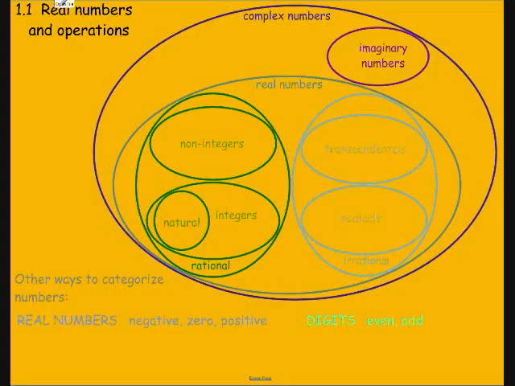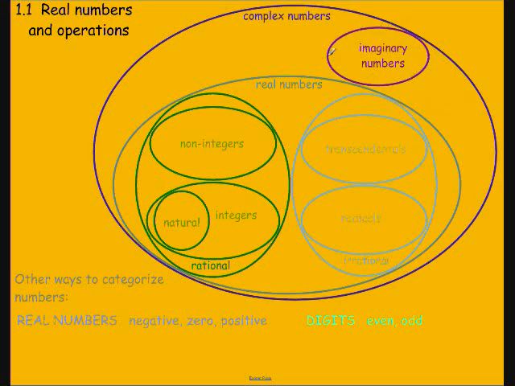This is a Venn diagram. You saw these probably in earlier courses. What we see here is all of complex numbers. That's the whole of this. Within all complex numbers, we have something called imaginary numbers that we will study later.